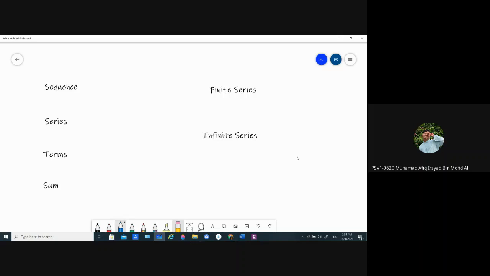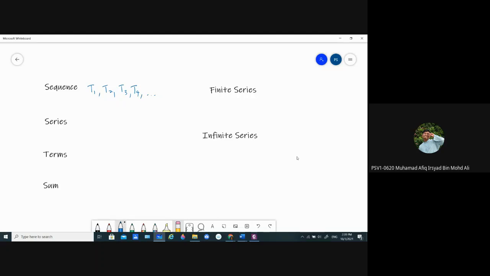A sequence is a succession or a list of terms like this: T1, T2, T3, T4, and so on. When we want to show that the sequence is continuing, we put 3 dots after the comma, and we only need to put 3 dots. This is fixed notation.